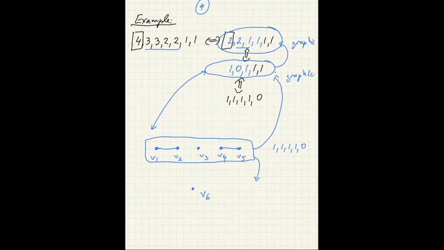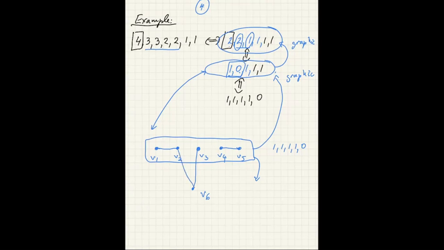We want V6 to be a vertex of degree 2, and we want to join it with a vertex of degree 2 and a vertex of degree 1, which correspond to a vertex of degree 1 and a vertex of degree 0 in this graph on 5 vertices. For the vertex of degree 0, you have exactly one choice. For the other ones, you have many choices, but let's say we do this type of drawing.